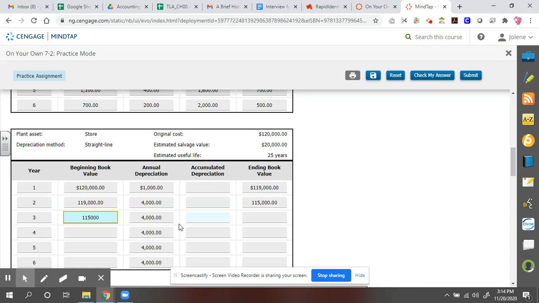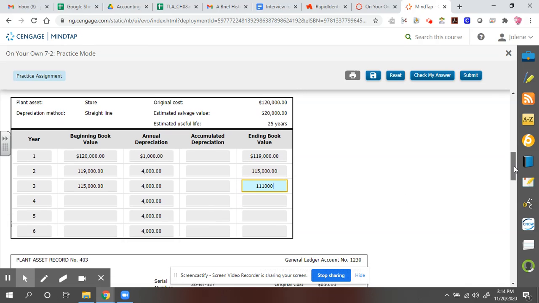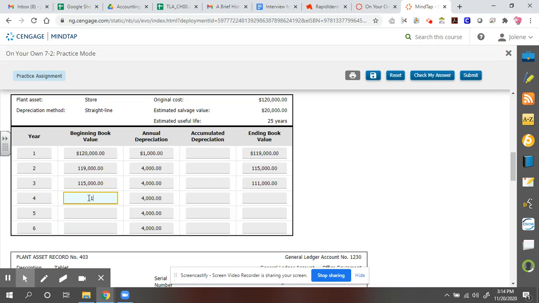This time we have 115 minus 4, 111. 111 take away 4 is 107. 107 take away 4, 103. 103 take away 4 is 99.